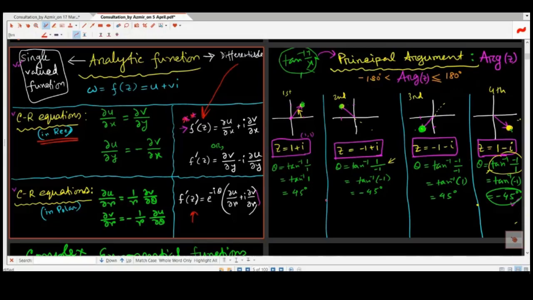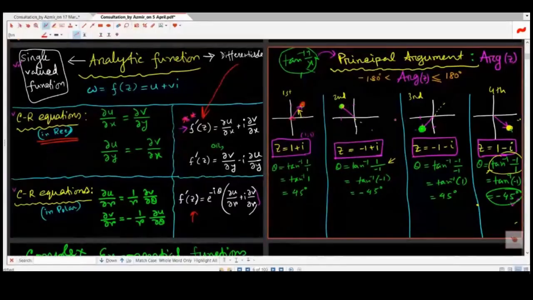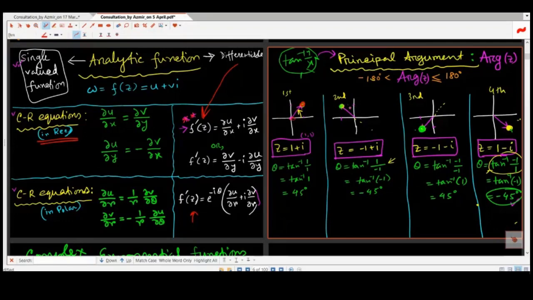So we have 4 complex numbers in 4 different quadrants. This one is in the first quadrant, this is in the second quadrant, this is in the third quadrant, and this is in the fourth quadrant. If we can understand the location of any complex number, we can easily find the principal argument.